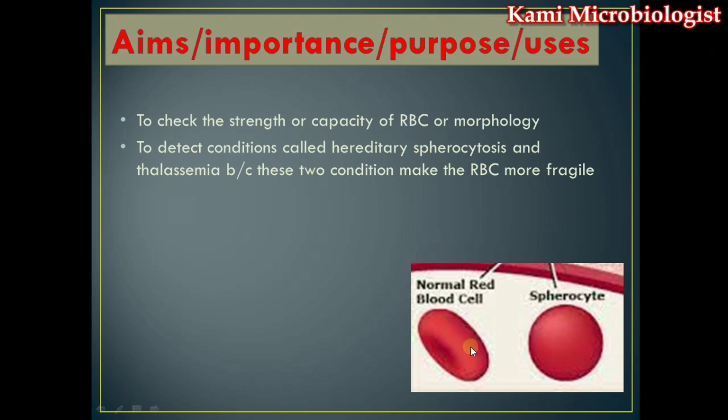But in the normal case, this is the normal structure of the RBC, which is biconcave in shape. In the normal structure, water molecules can easily pass from outside to inside and back. That's why this RBC will not rupture, although it can rupture, but not as fast as the spherocyte RBC.